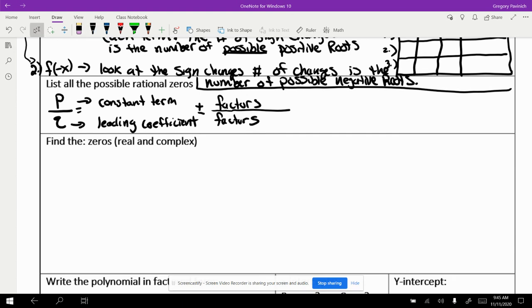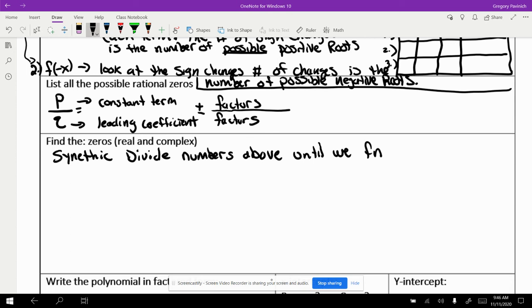The next thing that we're going to do is find all the zeros, and we're going to do that by synthetically dividing. So we're going to synthetic divide numbers from above until we find a zero remainder.